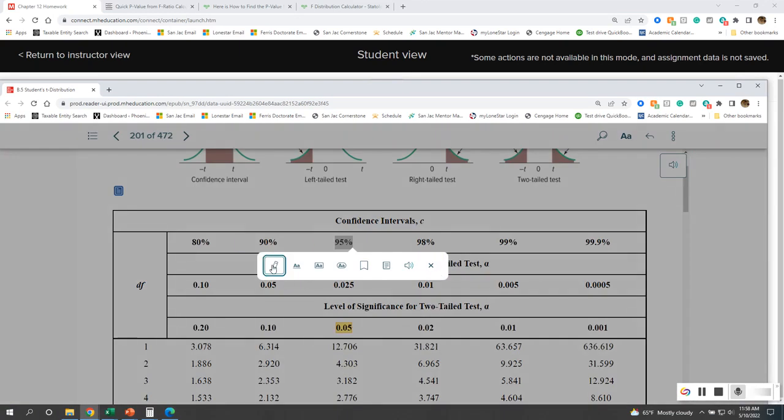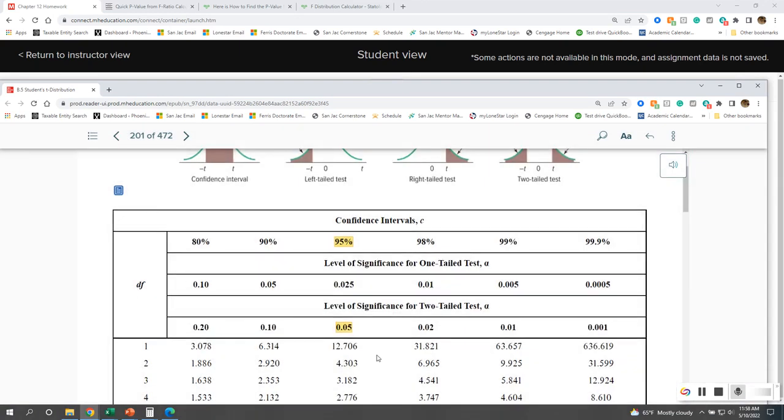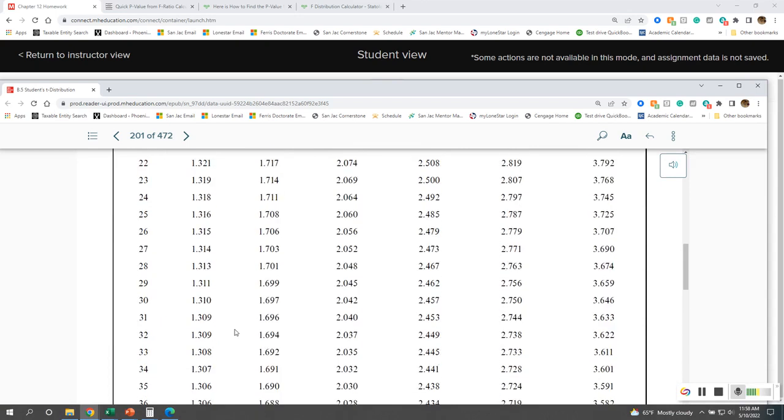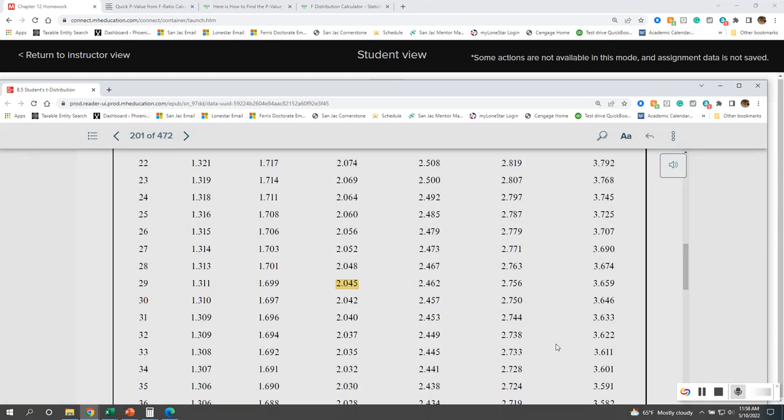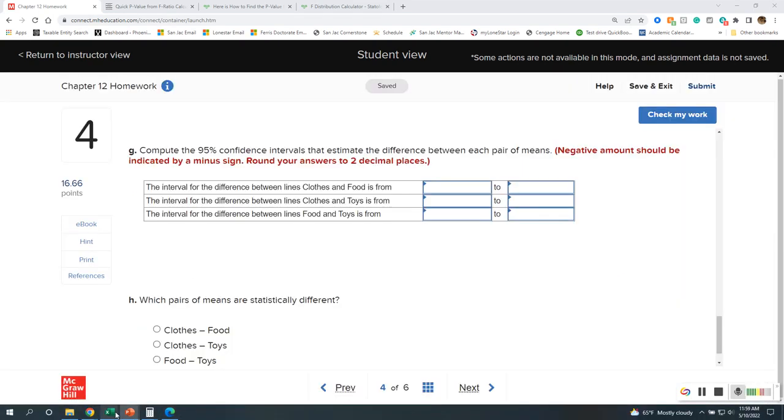So 95%, highlight, and go find 29. 2.05. Notice this is not going to change because our degrees of freedom is n minus k. So 2.045.